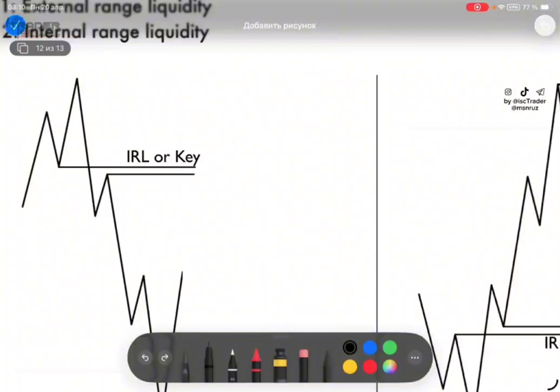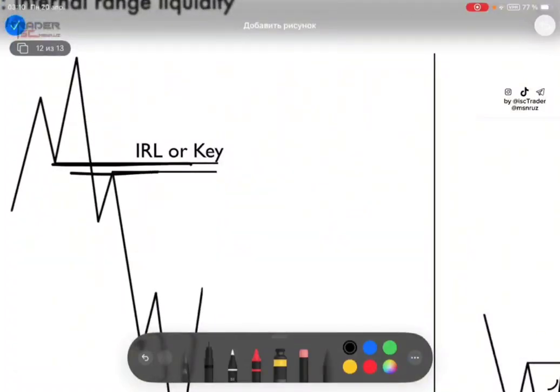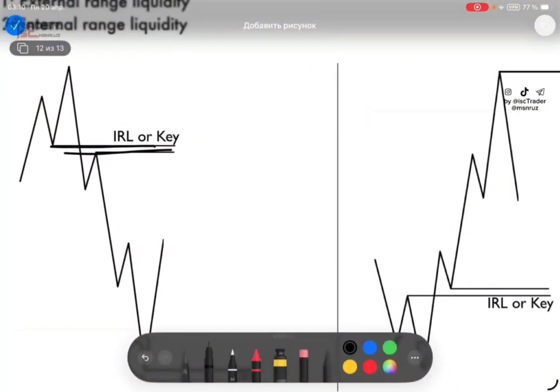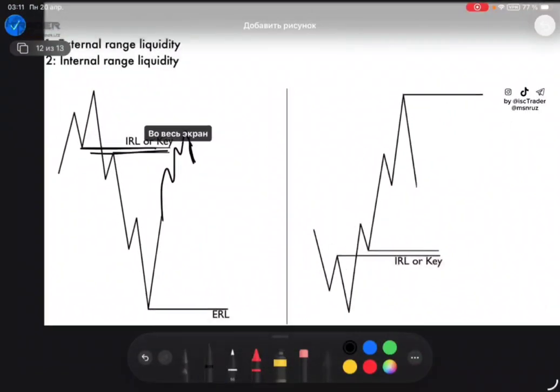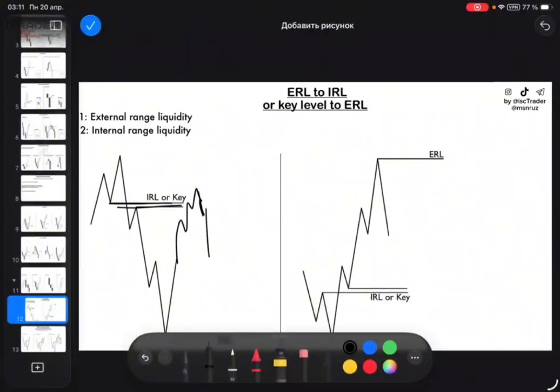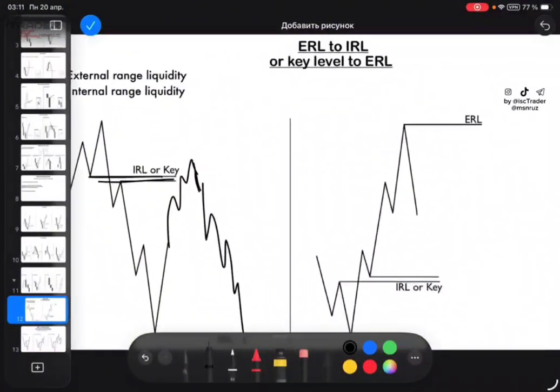That is, it can be internal range liquidity, an FVG, or an inducement. Let's take it as an FVG, for example, or some SNR K level. After consuming the internal range liquidity, the market's movement will be toward the external range liquidity.